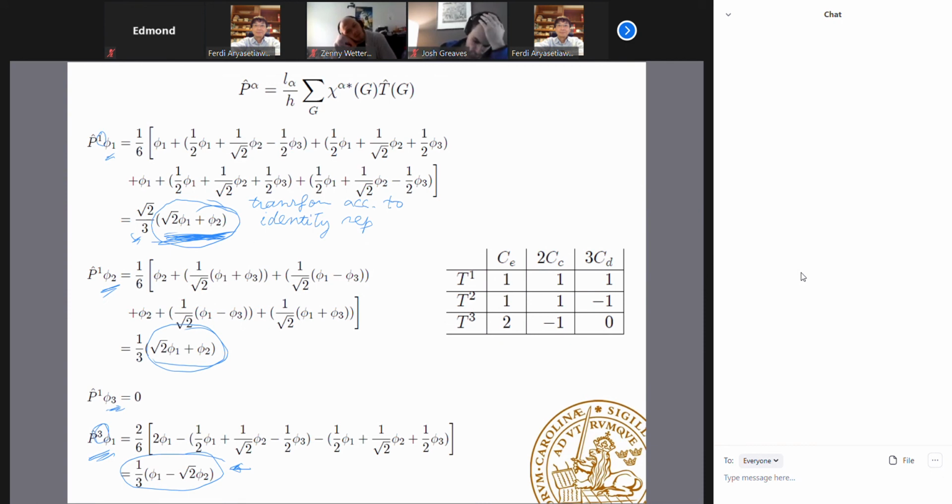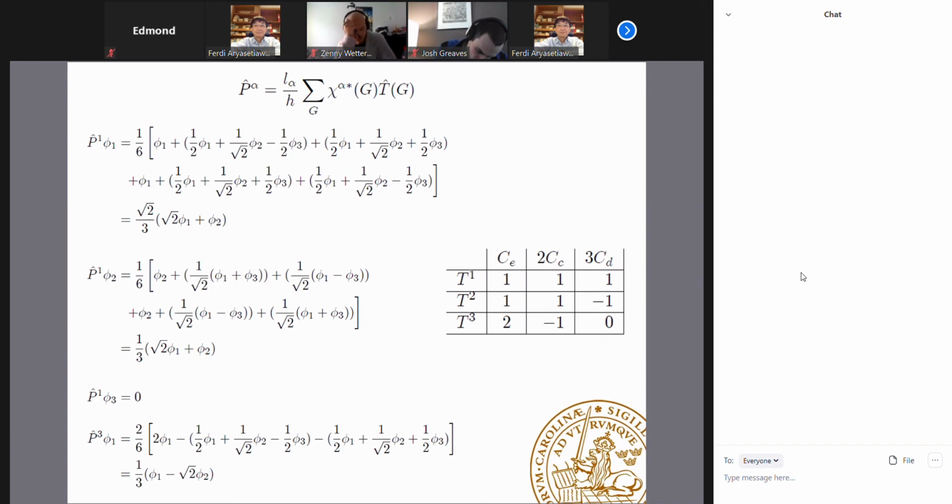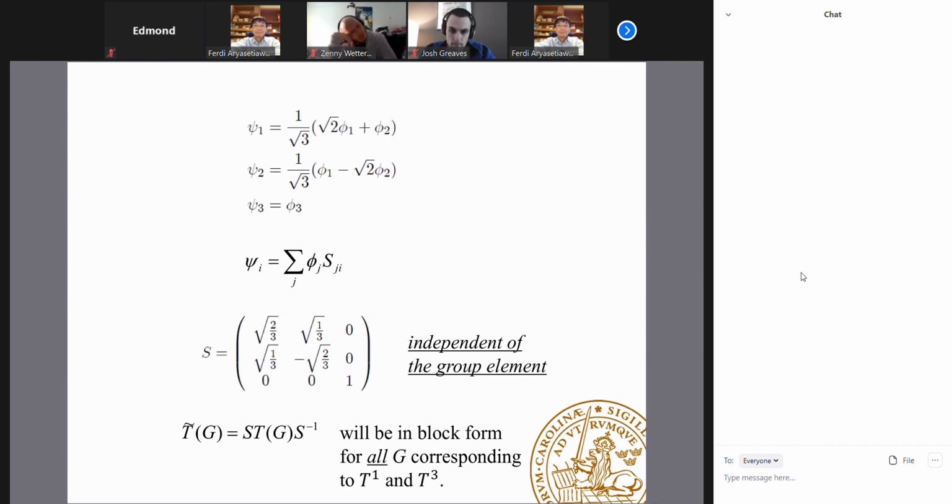So this is how we figure out how the functions decompose into the different irreducible representations. Let me just use a few minutes to finish this.